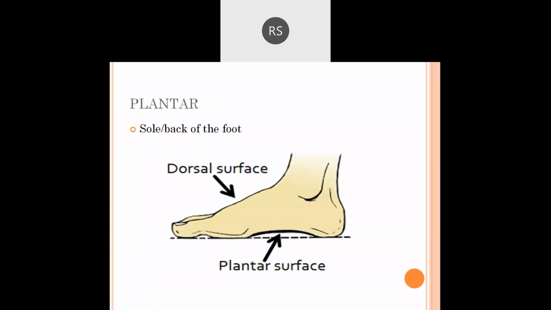From the picture itself, where is the dorsal situated? Up, down, side? It's situated upside. And plantar? Downside, or else back. So this is the difference between dorsum and plantar. Is it clear now? Yes, ma'am. I don't want to hear that I don't know from your mouth, because I've already explained to you.